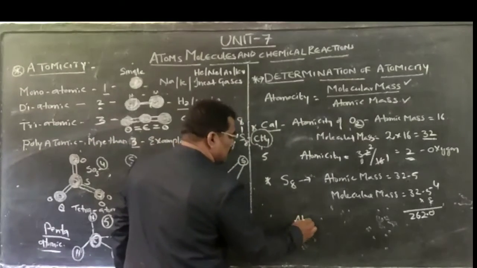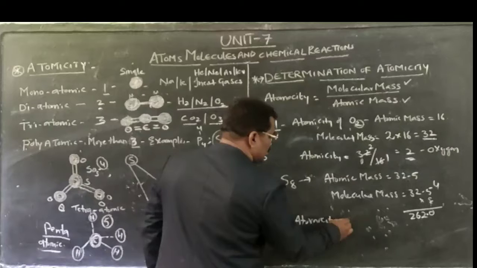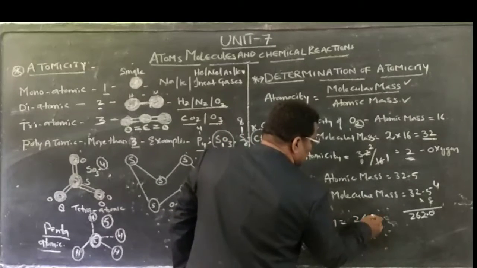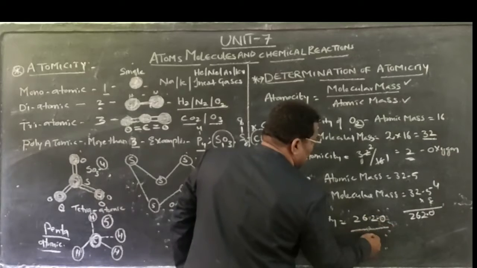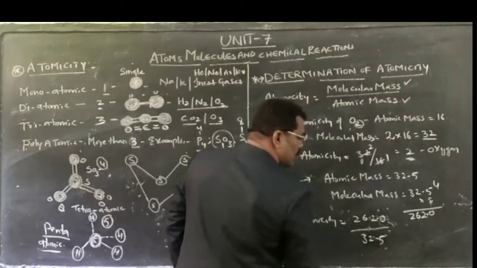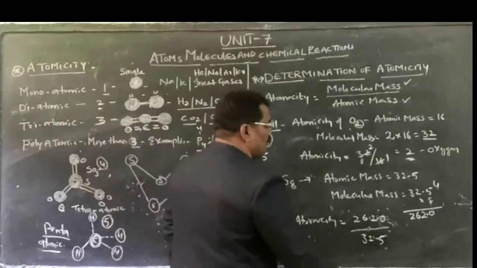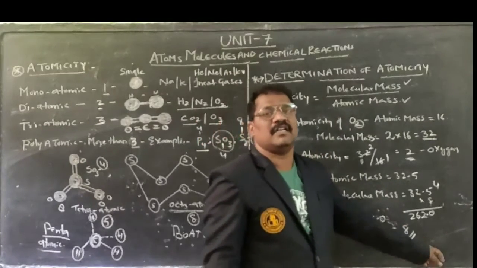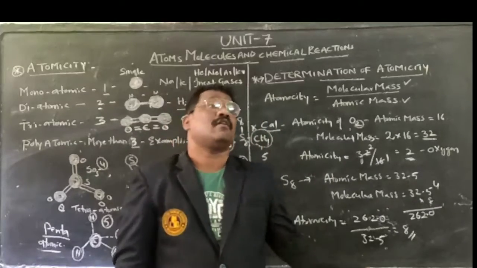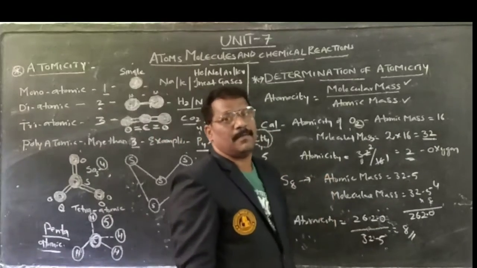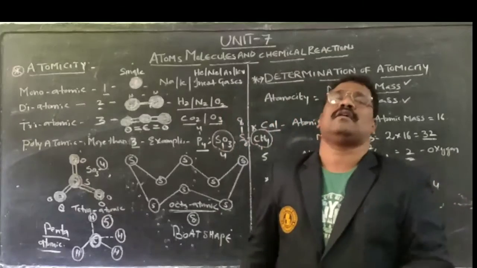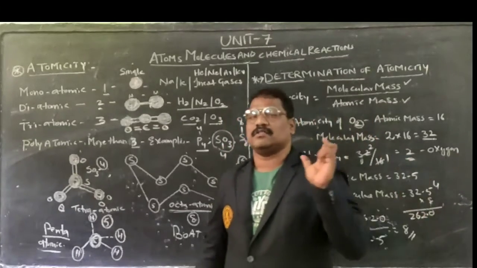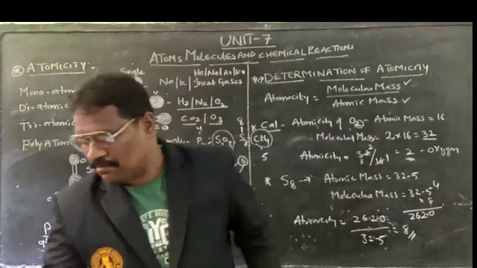Therefore, atomicity is equal to 260 by 32.5. If you calculate it, we get 8. 8 is the atomicity of the element sulfur. In this way, we can calculate the atomicity of an element. That is the concept we have to keep in mind.